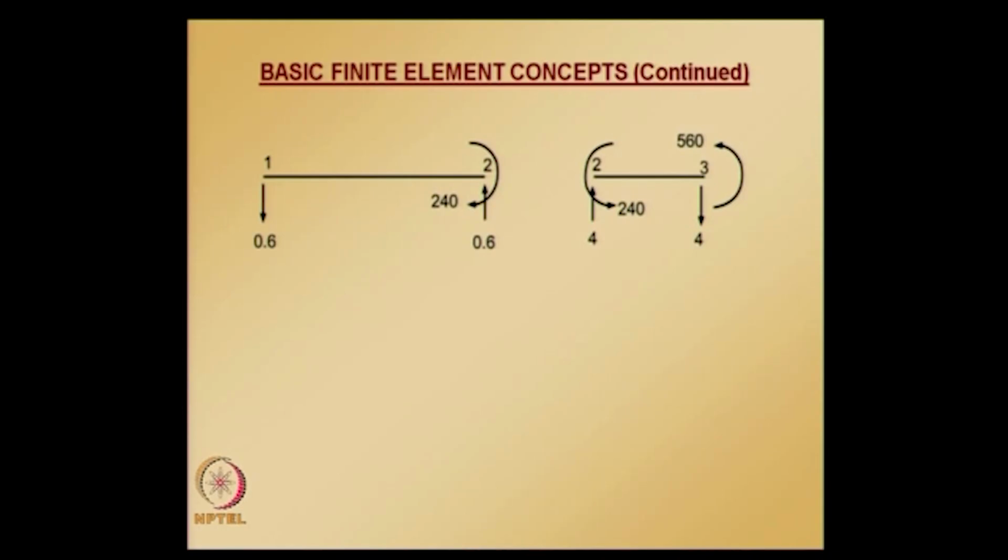So, overall equilibrium is satisfied because the sum of the reactions is equal and opposite to the applied forces. The applied force is 4 kilonewtons acting in the downward direction, and the sum of these reactions, 4 kilonewtons, is acting in the upward direction. So, overall equilibrium is satisfied.